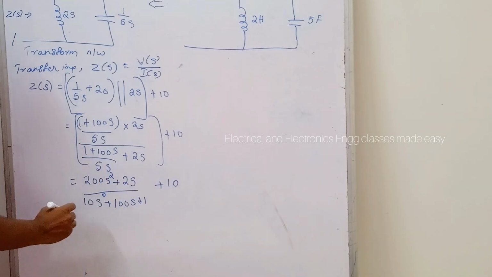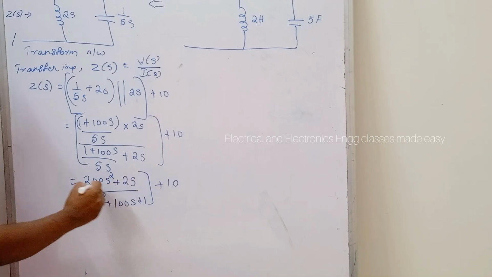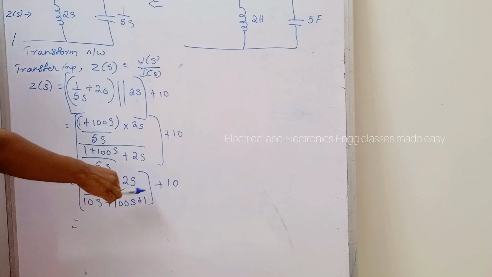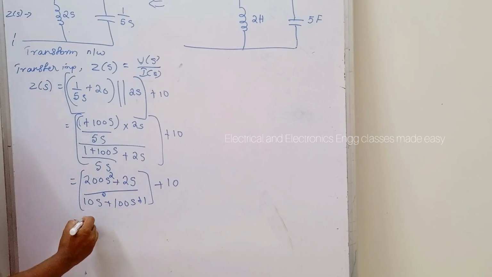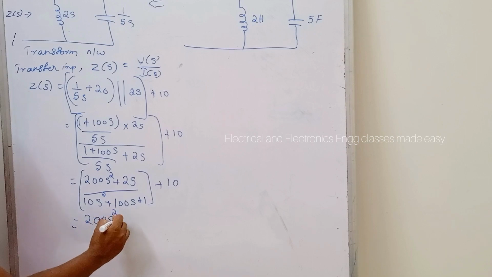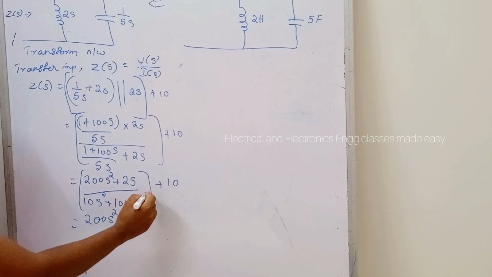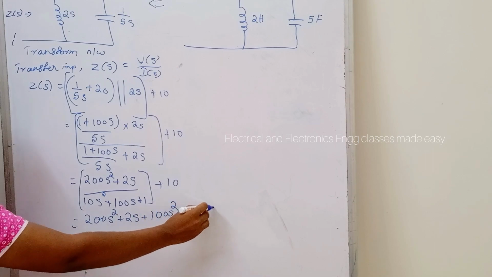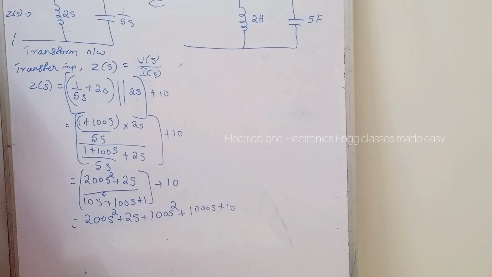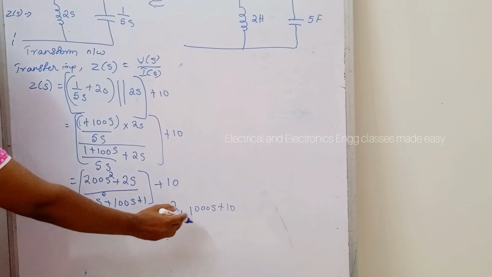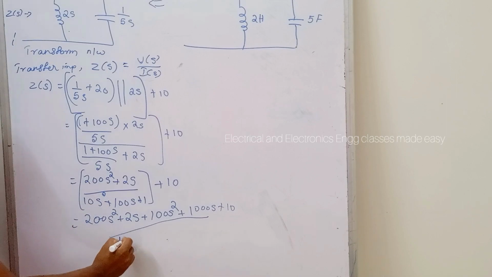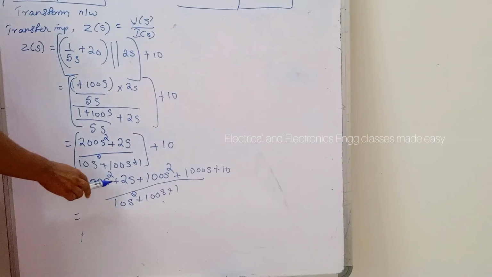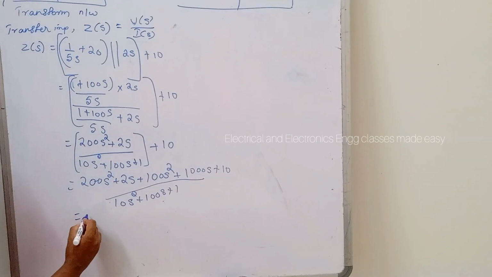Now again we can simplify this one. Here 200S square plus 2S, take the LCM. So we will get 200S square plus 2S plus multiply this one, that is 100S square plus 1000S plus 10, divided by 10S square plus 100S plus 1. 200 and 100, 300S square.